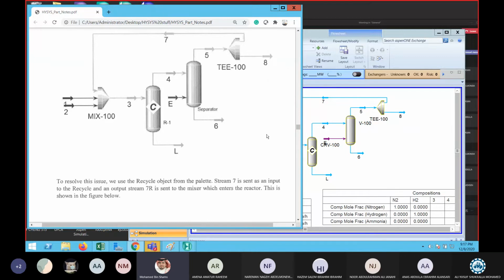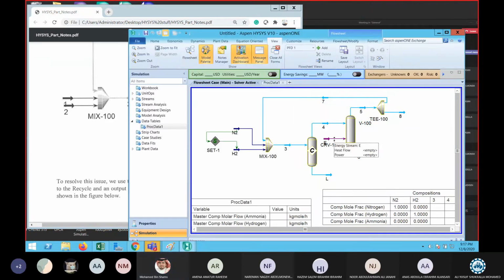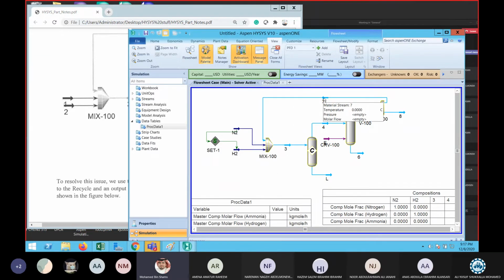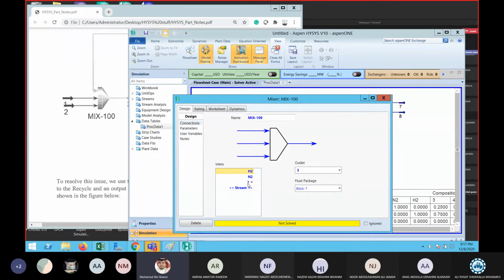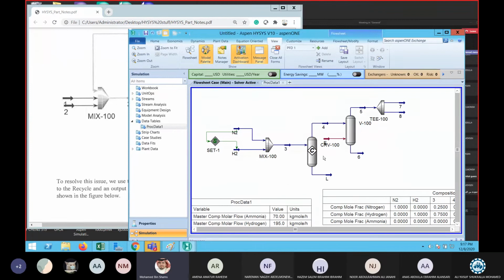So what can we do? This plan doesn't work. We can tell it to remove 7, so we cannot bring it back this way. But we need to recycle, so what should we do?